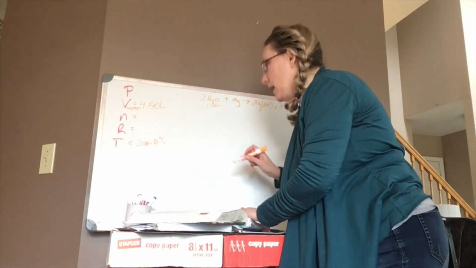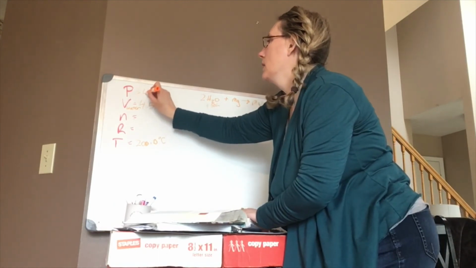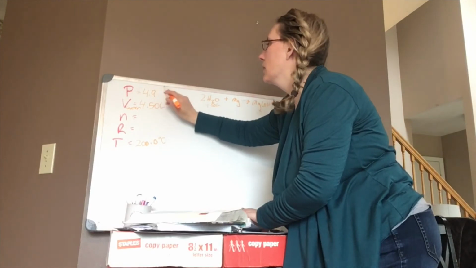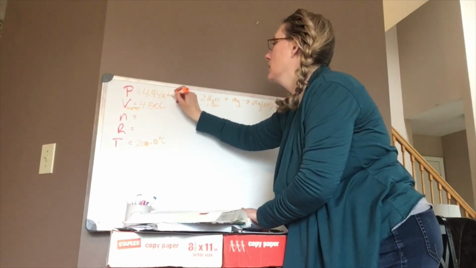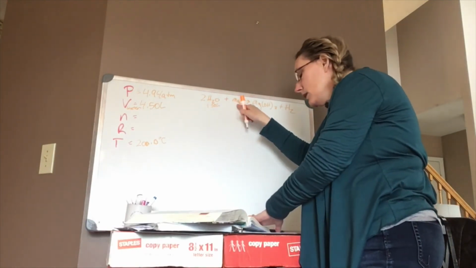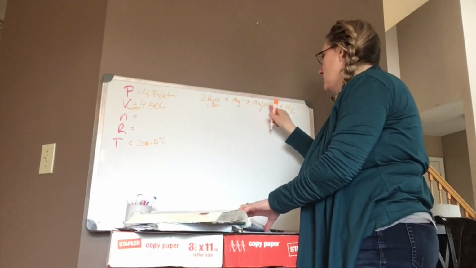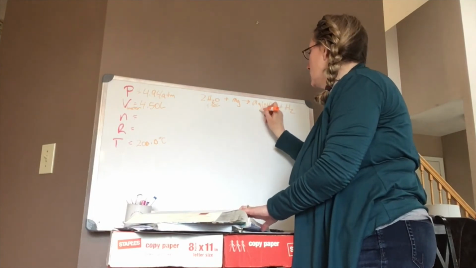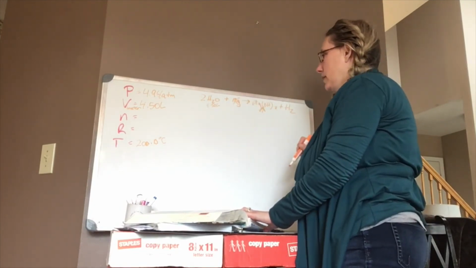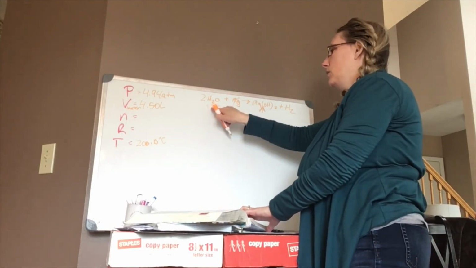And 4.94 atmospheres are passed over excess magnesium. How many grams of magnesium hydroxide will be produced? So this says excess, we don't have to worry about that. So what are we doing?